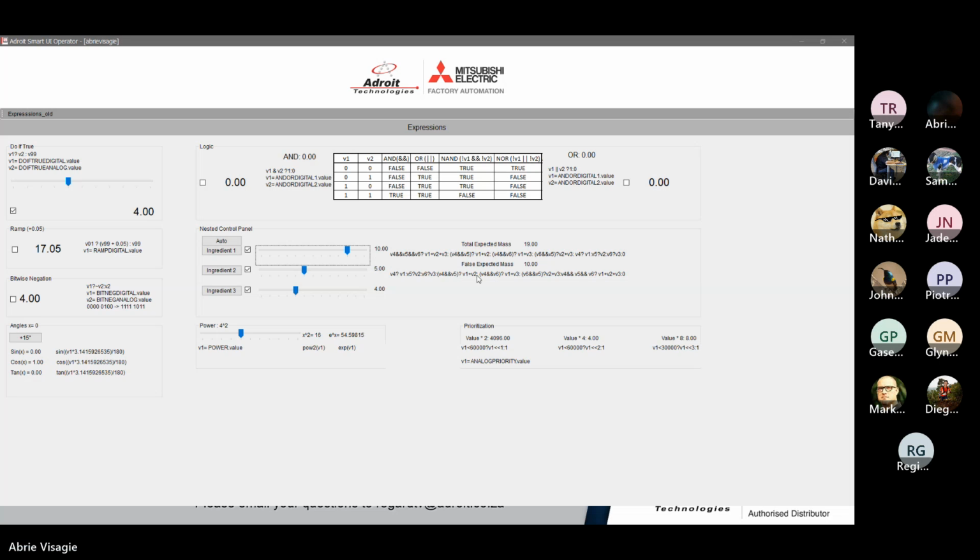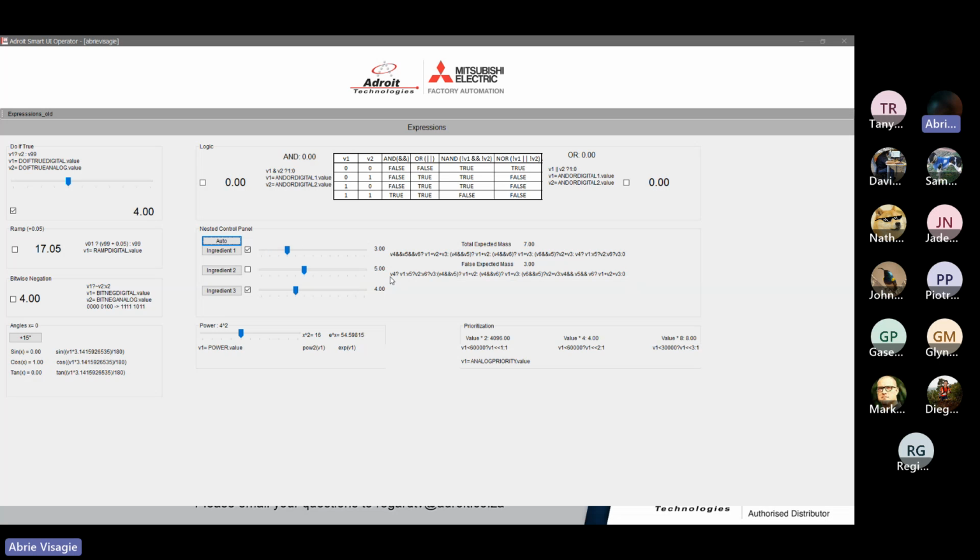However, if we just remove 1, since we're not including ingredient 2, we're just expecting a mass of 14. Now, over here you can see that we have a value that's currently just reading from ingredient 1. This is because as the expression is set up, it's still considering all the different values from the above expression.